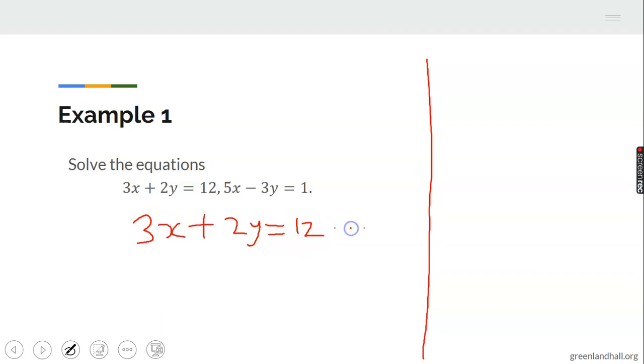We call this equation 1. Then 5x minus 3y equals 1. We call this equation 2.